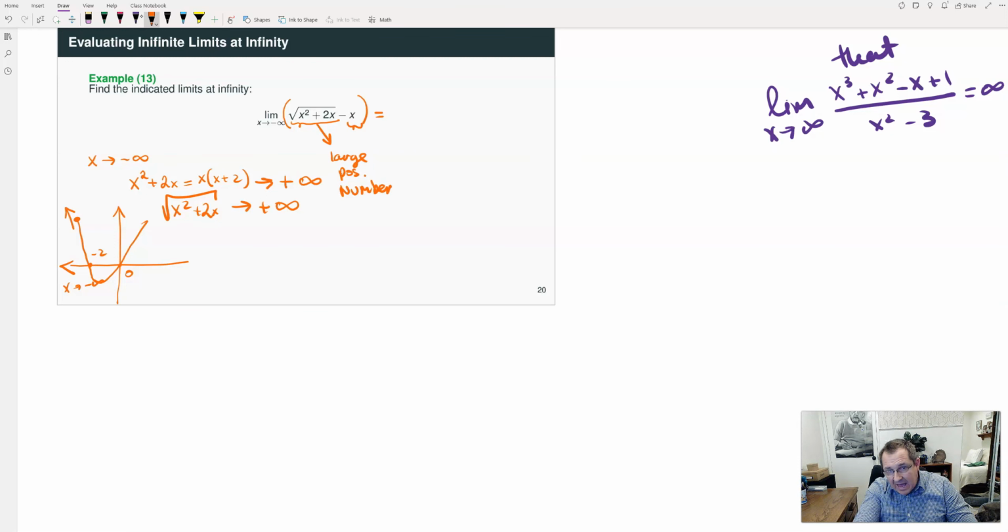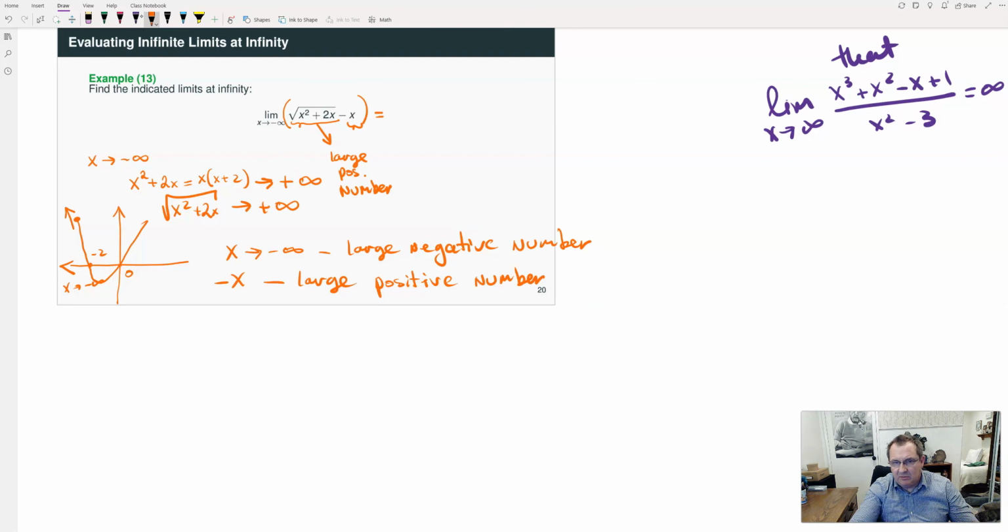Now let's take a look at x. x goes to negative infinity. That means it's a large negative number. Well, minus x, on the other hand, is a large positive number. So what do we have then? We have the limit as x goes to negative infinity of the square root of x squared plus 2x, that's one thing.